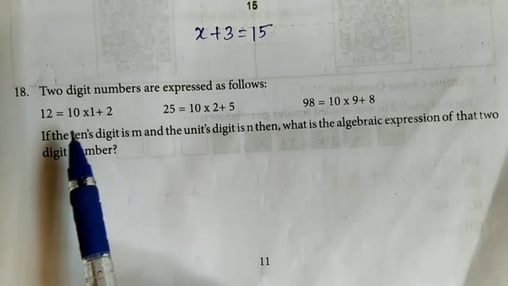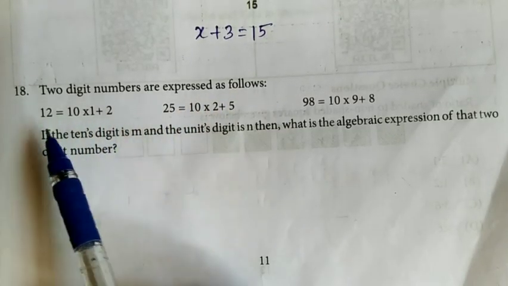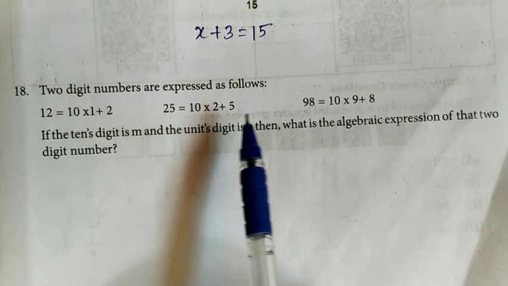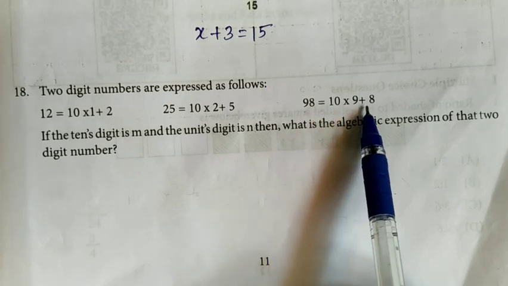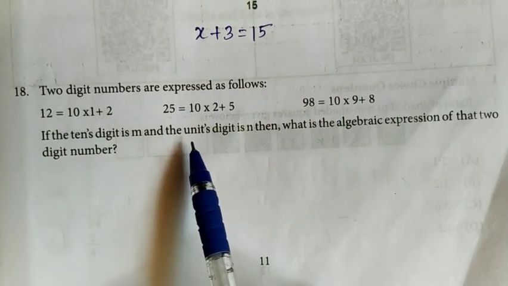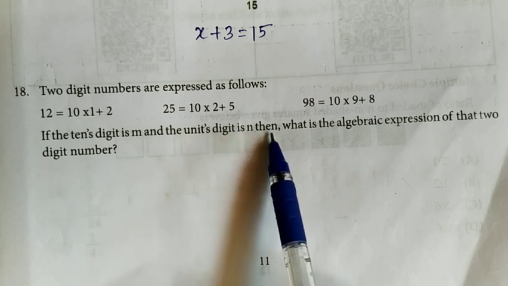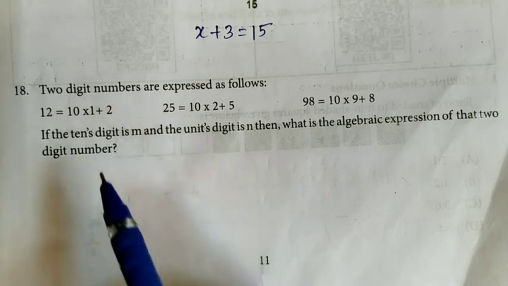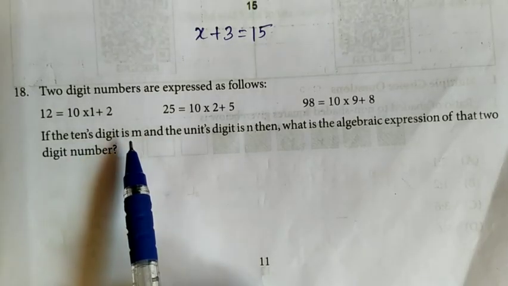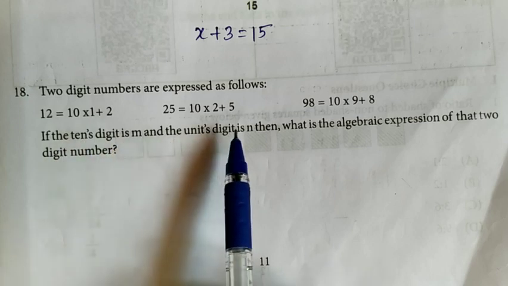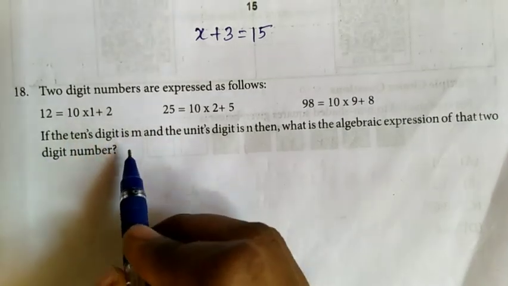18th question. 2-digit numbers are expressed as follows. 12 is equal to 10 into 1 plus 2, 25 is equal to 10 into 2 plus 5, and 98 is equal to 10 into 9 plus 8. If the tens digit is m and the unit digit is n, then what is the algebraic expression of that 2-digit number? In the question they have given to substitute the value of tens place as m and ones place as n and find the algebraic expression.